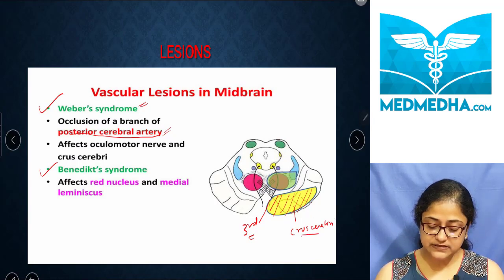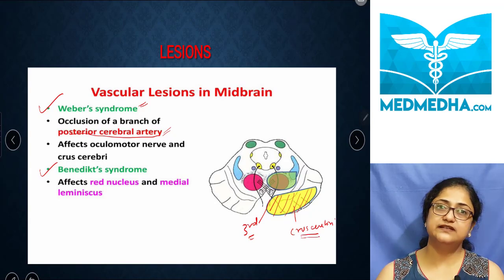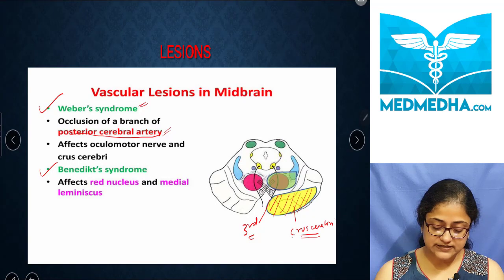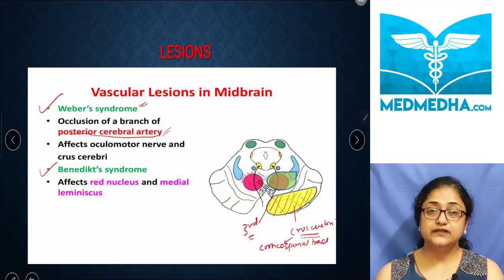Now, what happens when the crus cerebri is also affected in case of Weber syndrome? Through this crus cerebri passes the corticospinal tract or the pyramidal tract, which is responsible for the movement of the opposite side of the body.